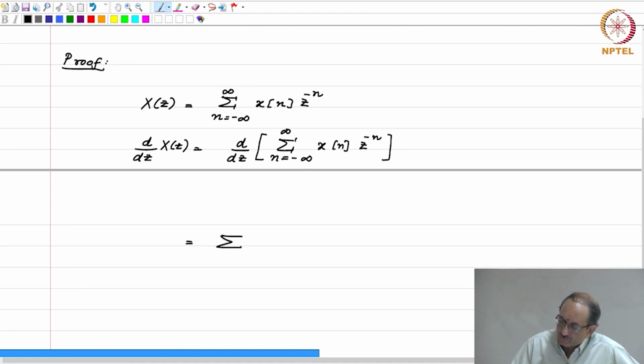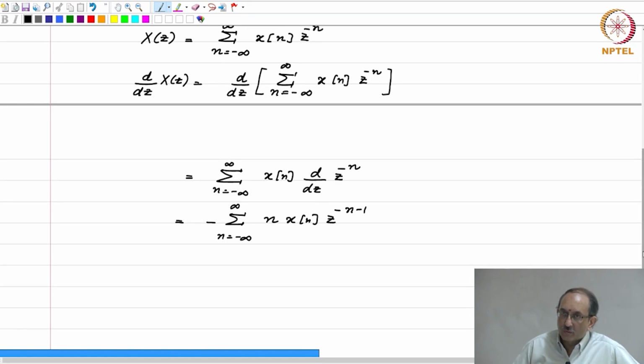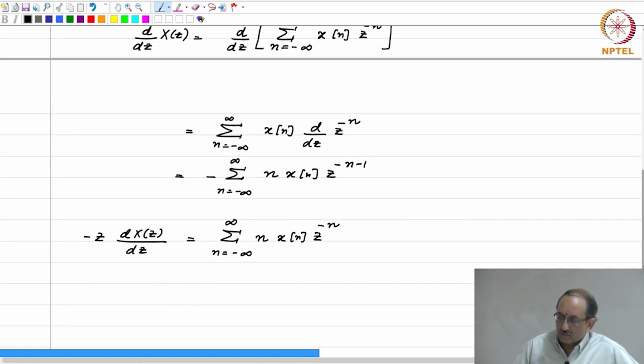So, this is x of n d by dz, and this of course is minus 1, and then if we multiply by minus z on both sides, so this becomes minus z times dx by dz, and this is sum over all n, n times x of n z to the minus n, and this is precisely in the form of a Z transform, except that instead of x of n we have n times x of n.